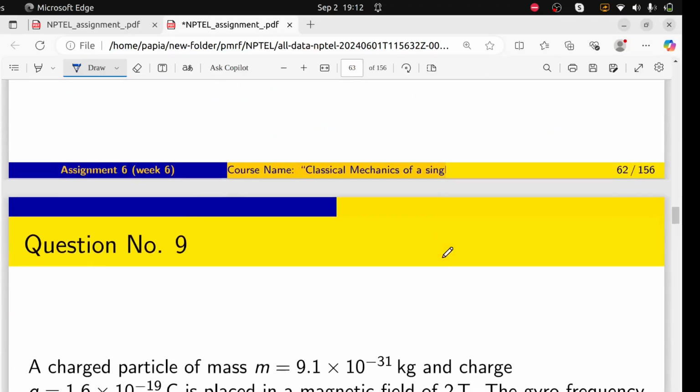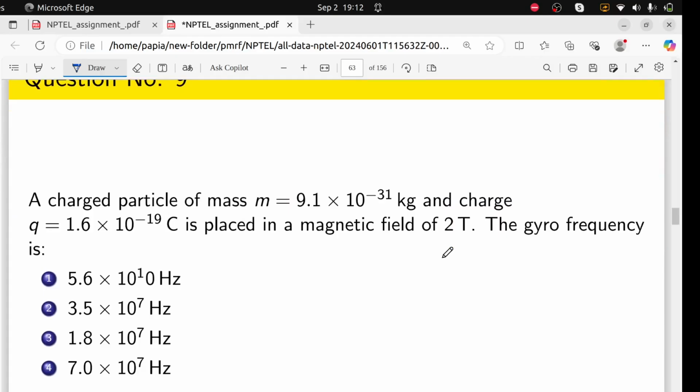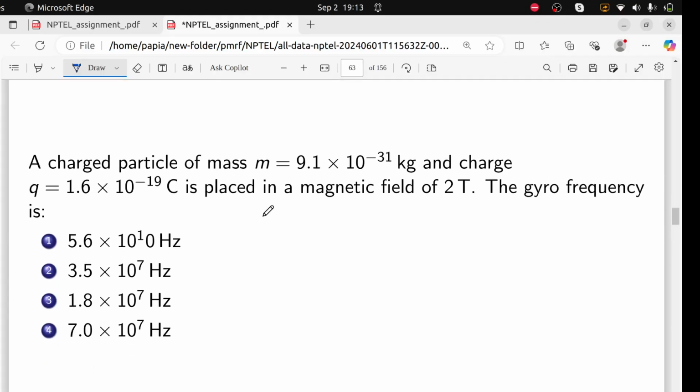Okay. Now question number 9. For this case we will basically dive into the condition of the motion of a particle in the presence of a constant magnetic field or constant electric field or E cross B drift. So now come to the question here. The charged particle of mass m.